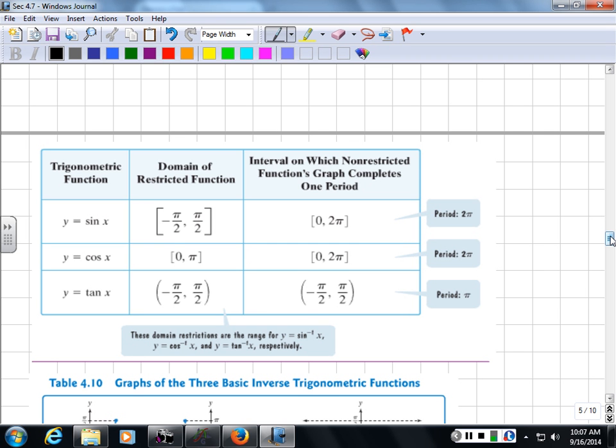Once again, it has a complete period from 0 to 2 pi. Y equals tangent x, restricted domain is negative pi over 2 to pi over 2. This one has a complete period from negative pi over 2 to pi over 2, which is why it does that kind of hook, all right? The period for tangent is pi. The period for sine and cosine is 2 pi, okay?